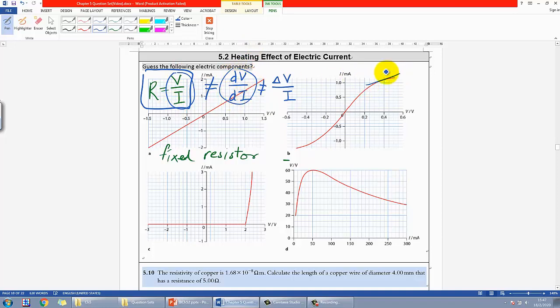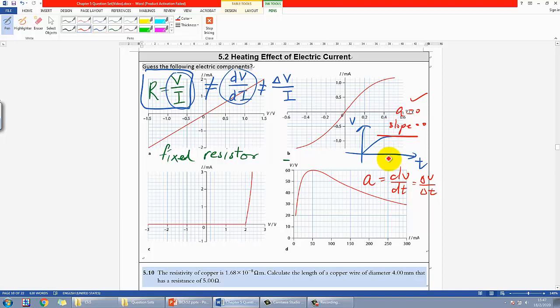The difference between this and this is that for this one we are really looking at the instantaneous slope. An example would be in mechanics, when we talk about a VT graph, maybe like something like this. When we say the acceleration, or the slope at this point, is 0, and therefore a is 0, this is correct because a is defined as dV over dt, or if you don't like that, delta V over delta t.